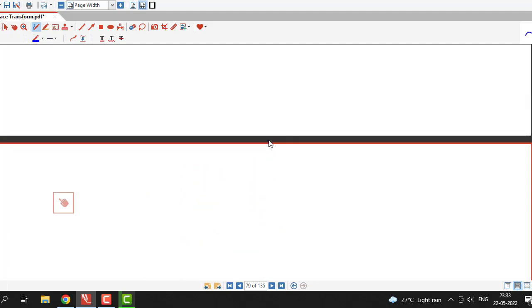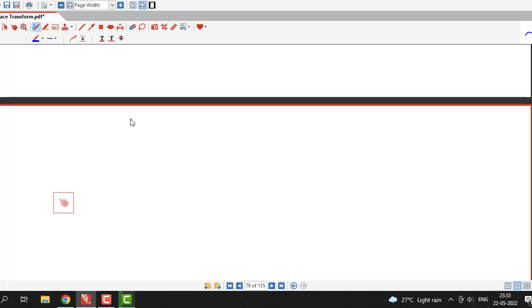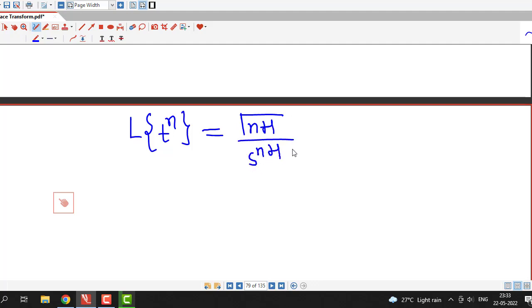Laplace transform. So if you recall, we have seen this formula: Laplace transform of t raised to n is gamma n plus 1 divided by s raised to n plus 1.